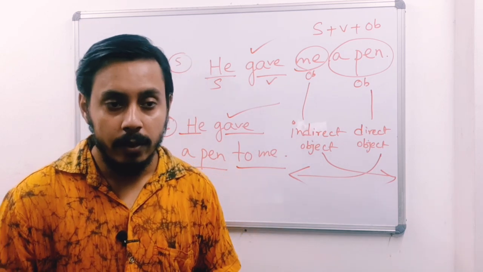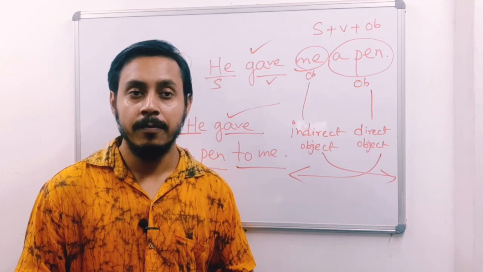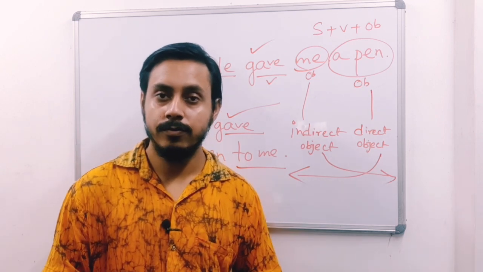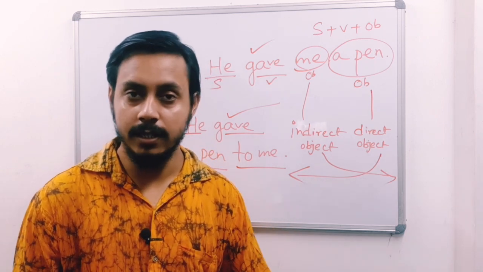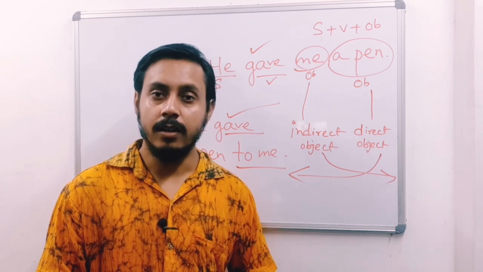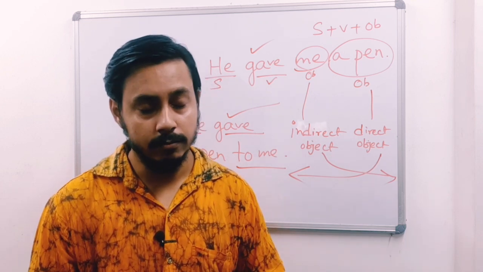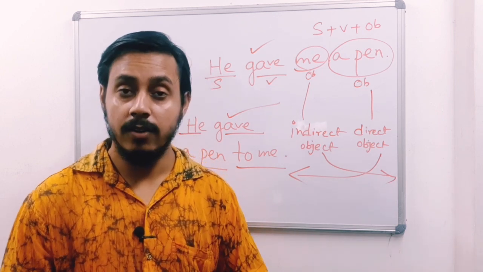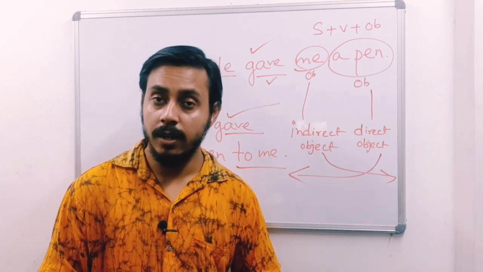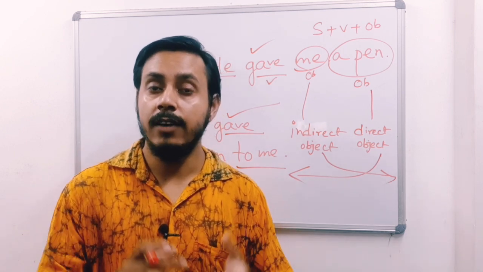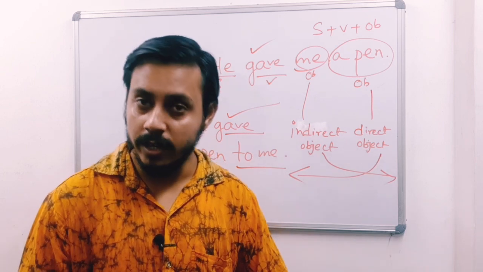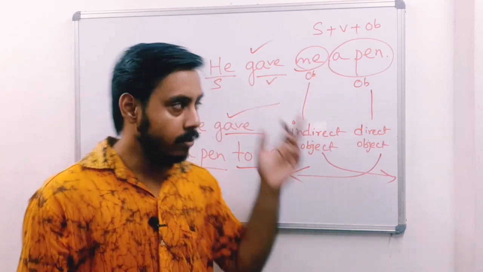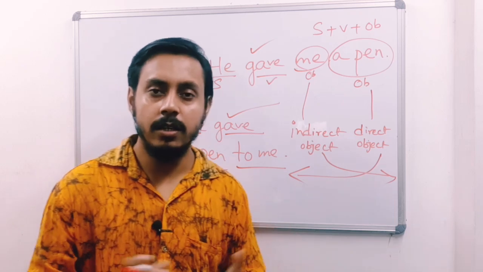Now let me tell you one more important thing about the verb. In this video we have understood about identifying objects. We have seen that some verbs have an object and some verbs may not have an object. Those verbs which have an object are called transitive verbs. Here we have two objects, but generally we have one object.